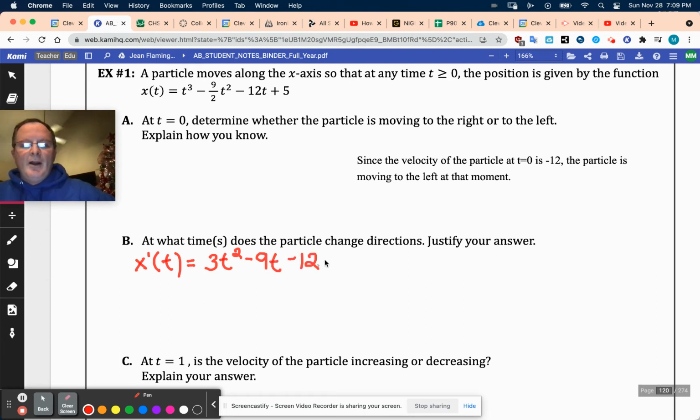Well, you can divide all of that by 3, and that would give me, this will happen at the same time, t squared minus 3t minus 4 is equal to 0. And that factors all day long, as t minus 4 and t plus 1.